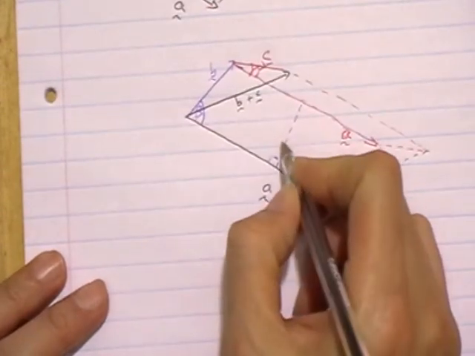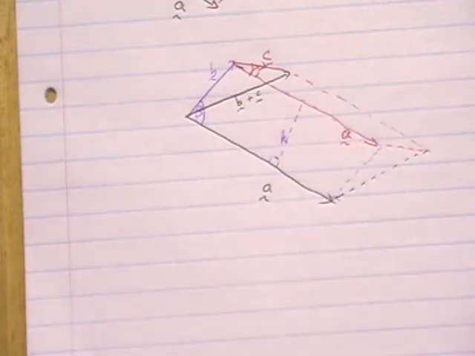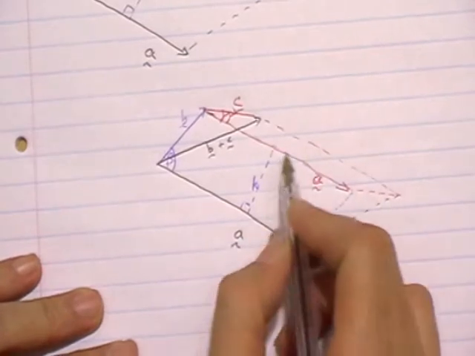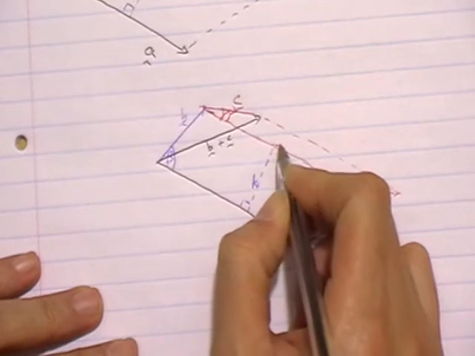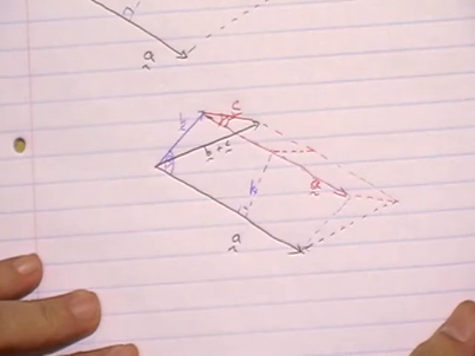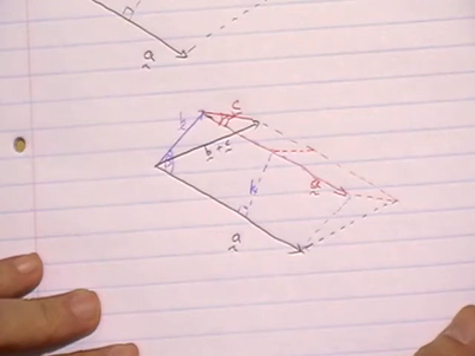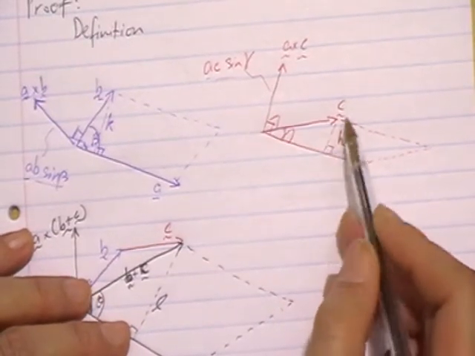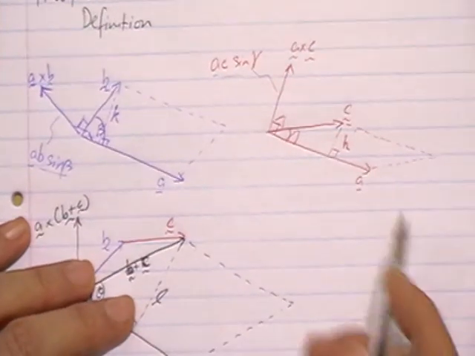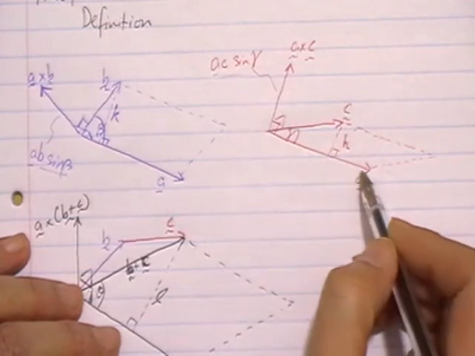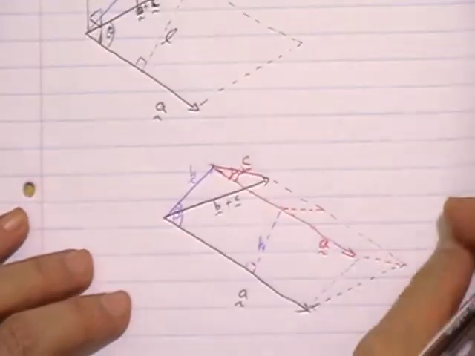So this is k, and if I drop a perpendicular from there to there for the height of this parallelogram, that's not very clear as it is. So that is the height.